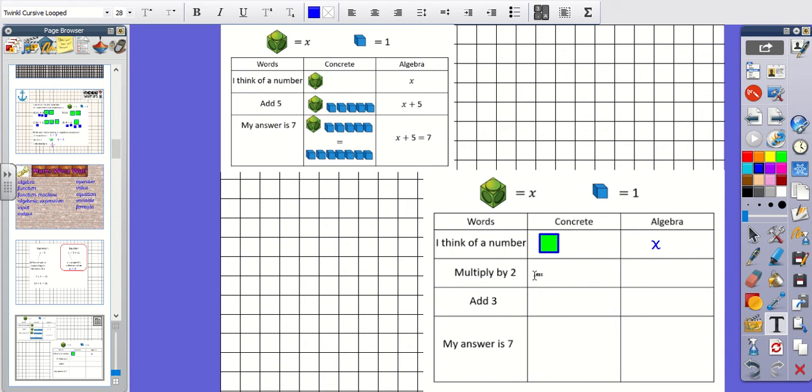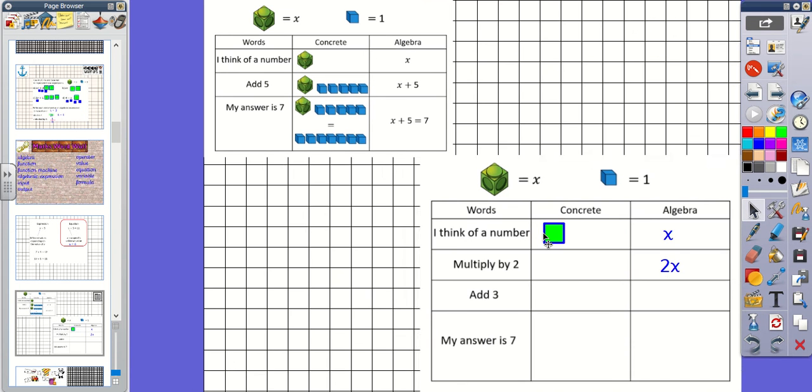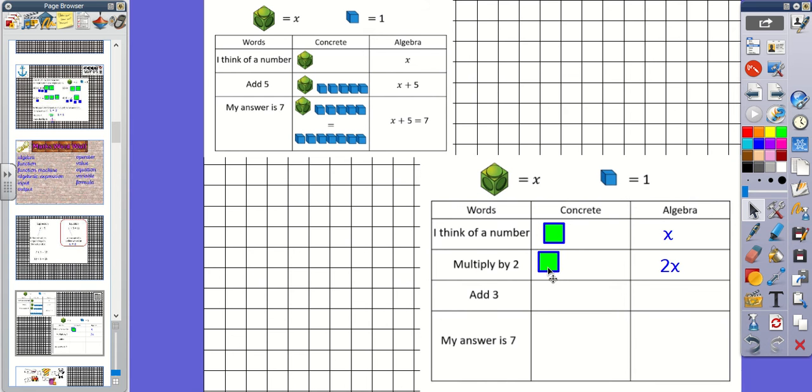So then I'm going to multiply it by 2. So when we multiply it by 2, I know that that's going to be 2x. So to draw that as a concrete, I'm going to, if I can, copy and paste, so I'll have not 1, but I would have 2 x's in there because I've multiplied it by 2.